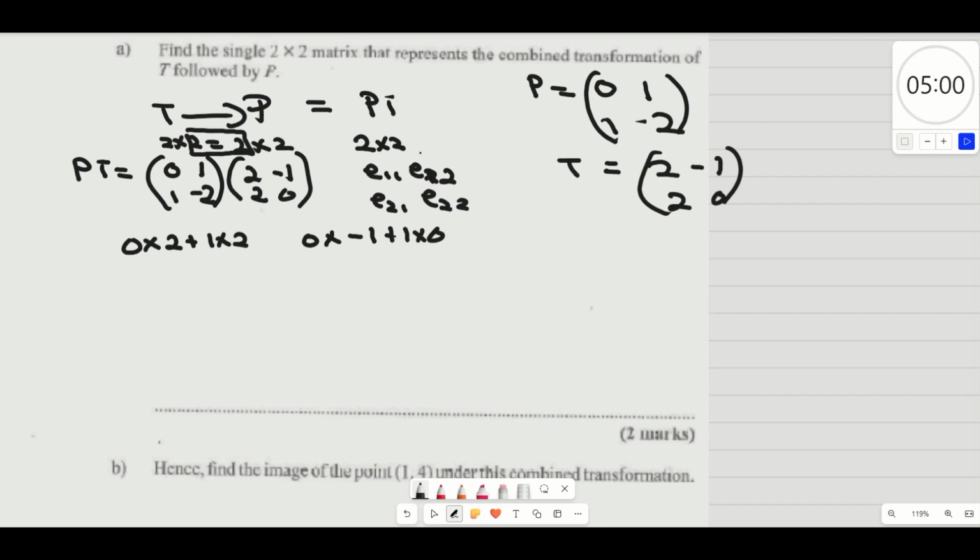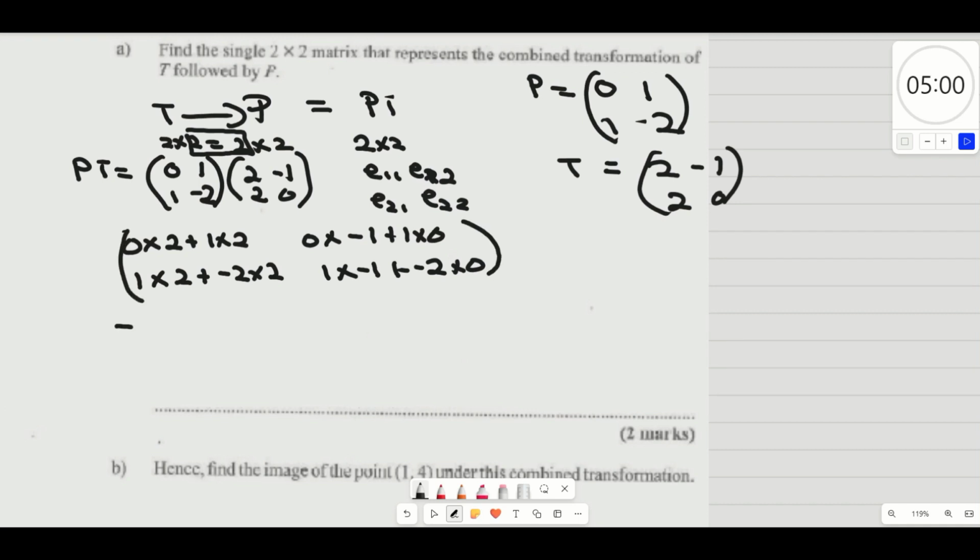Then E21 is your second row by your first column. So it's 1 multiplied by 2 plus minus 2 multiplied by 2. And then E22 is the second row by the second column. So that would be 1 multiplied by negative 1 plus minus 2 multiplied by 0.